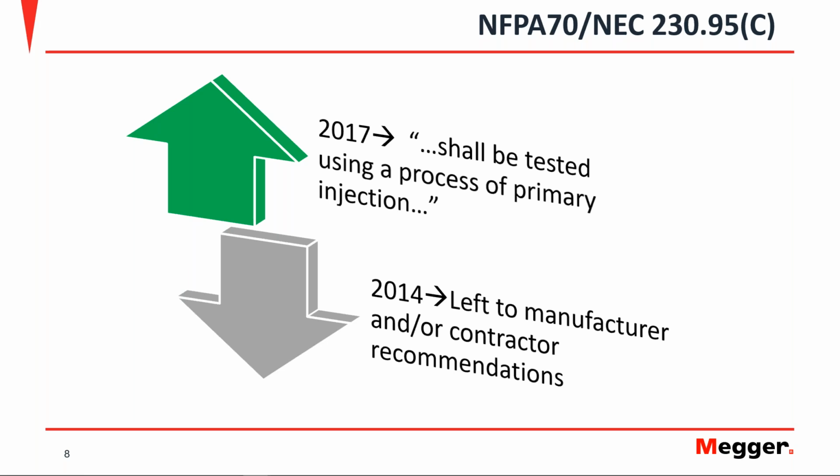So these are really big changes, in the sense that now it's a requirement for us to test, and not only that, it gives us very clear instructions on which method to use for the measurements. Again, it's primary injection.